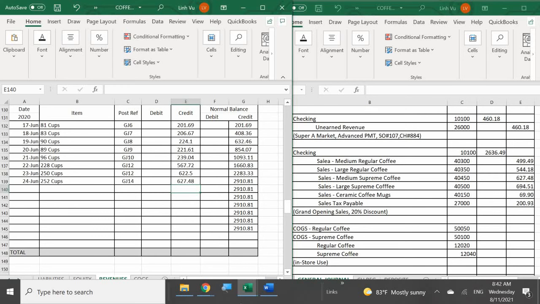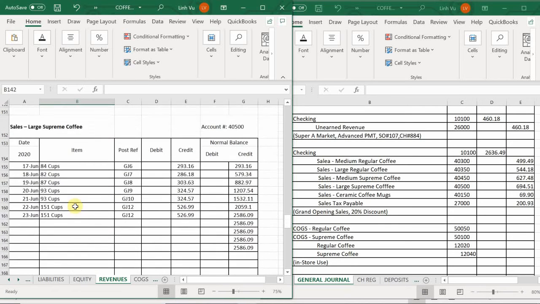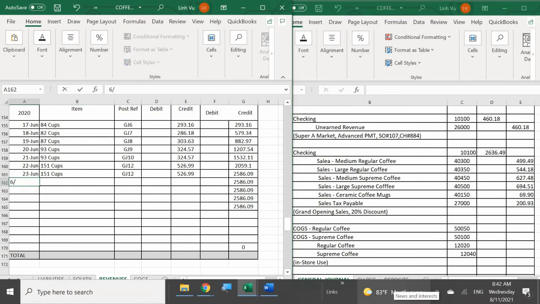Then we move to the large, which is underneath. 99 cups.